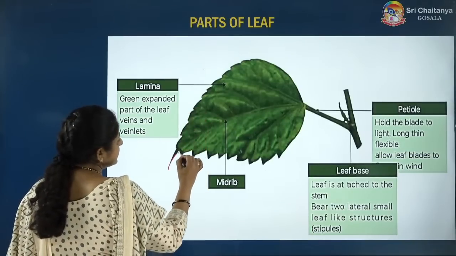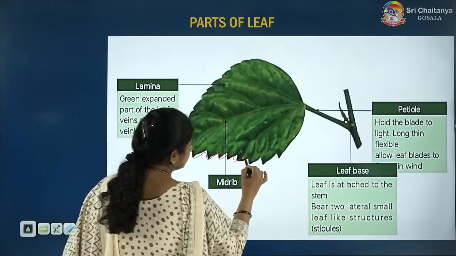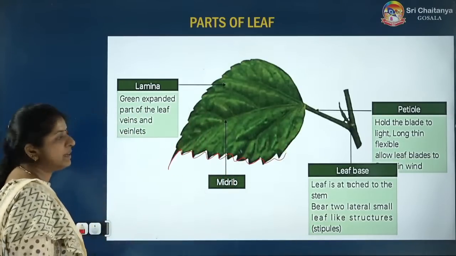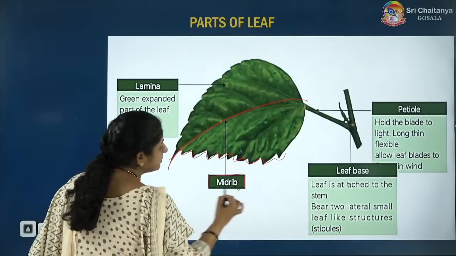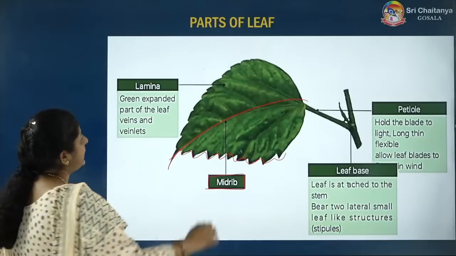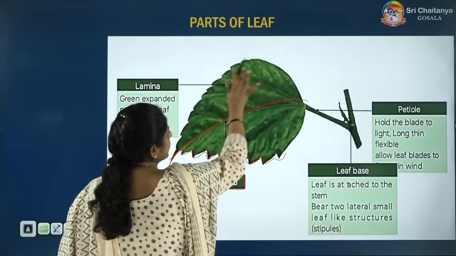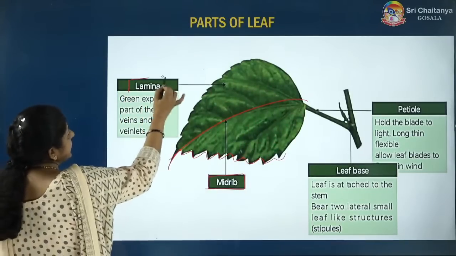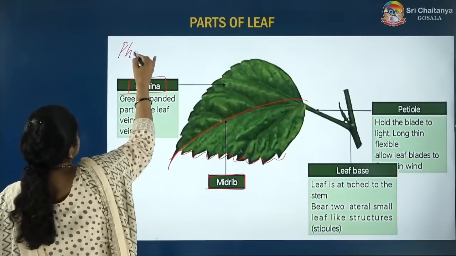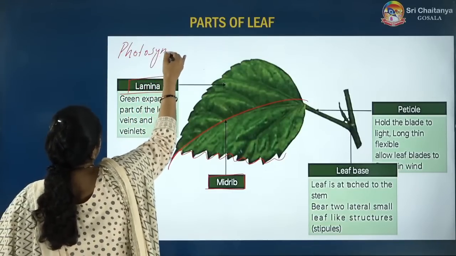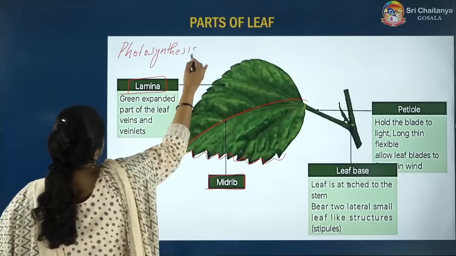Can I say this is the margin of the leaf? Fine. What is this thing? This is a midrib. And what is this complete green part that you call lamina, which is actually showing what thing? Photosynthesis.